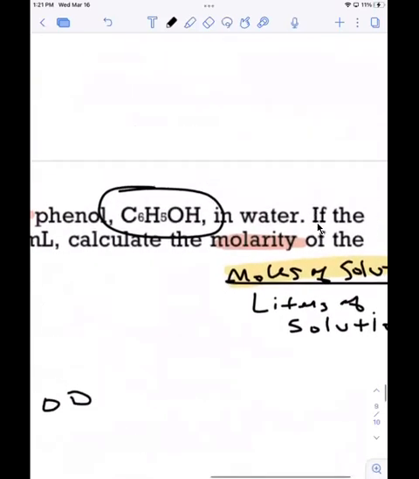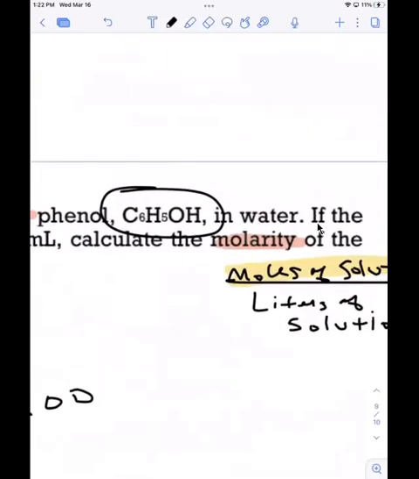Can we take this and turn it into a molar mass? We got 6 carbons, so let's just round the numbers. That'll be 12 times 6, 5 hydrogens, so 5 times 1. Well, 6 hydrogens, because the OH, we'll count that one too. So 6 times 1, and then 1 oxygen, so 1 times 16.